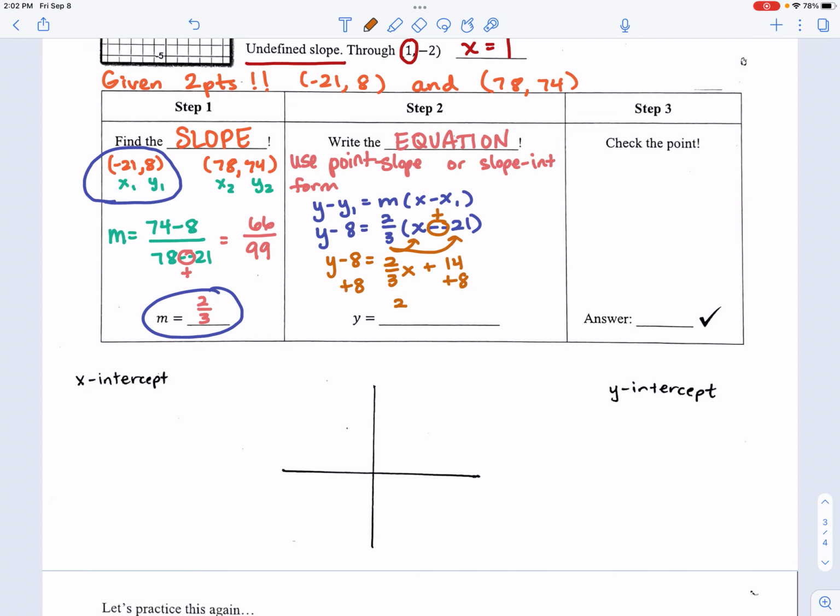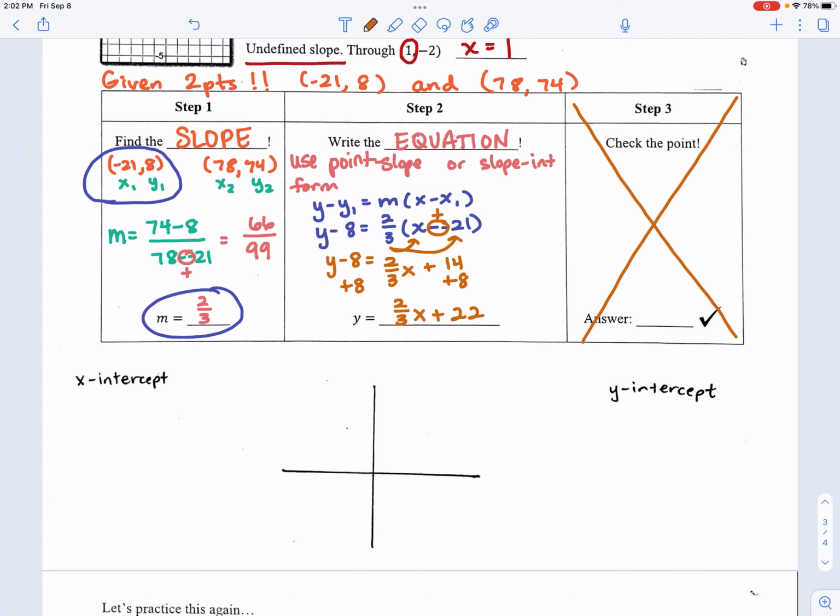We're left with y equals 2/3 x plus 22. Now I know step 3 here says to check the point, but you only need to check a point if they're asking you if there's another point on that line. So we're going to go ahead and skip that step here. We don't need to do step 3.